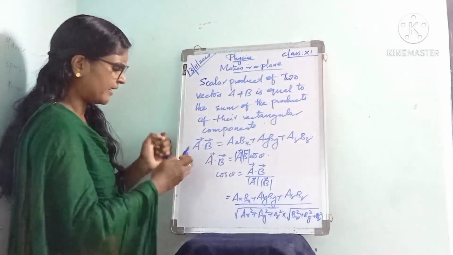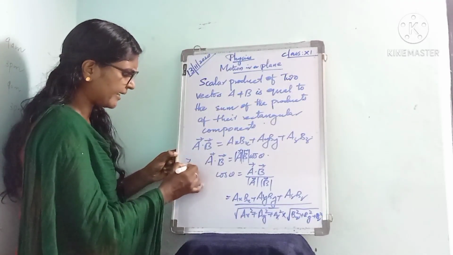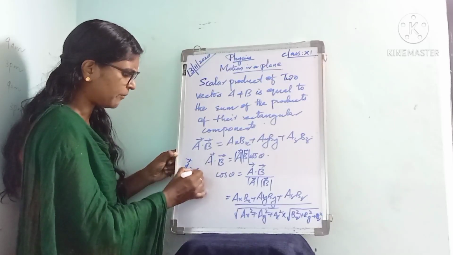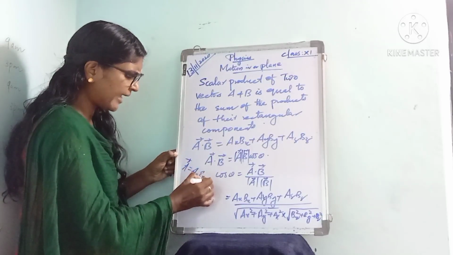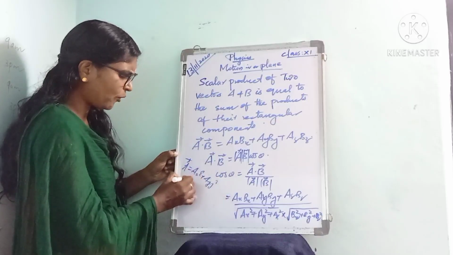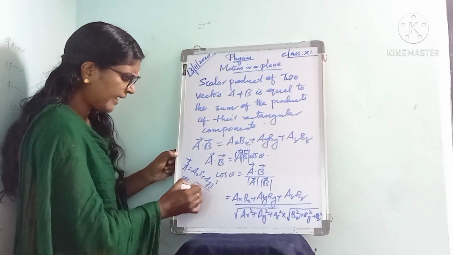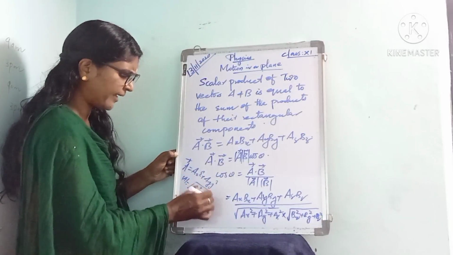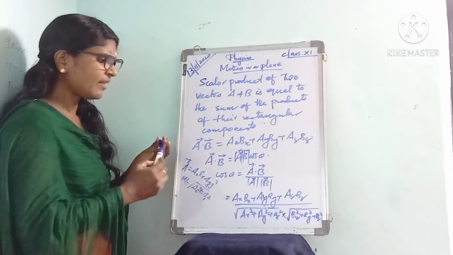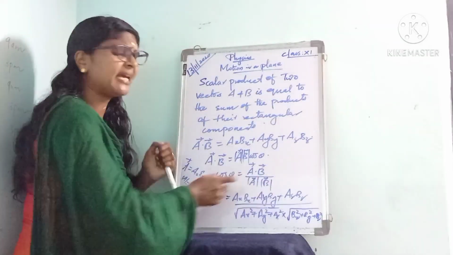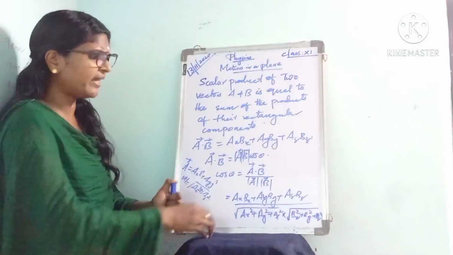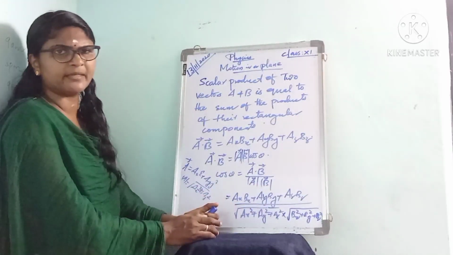You know that equation. Suppose the vector A can be written in terms of rectangular components as AX i plus AY j. In this, mod A is equal to what? Root of AX square plus AY square. Similarly, here we consider the Z axis also. That is why the Z term also came here.